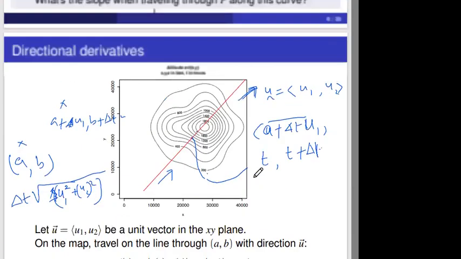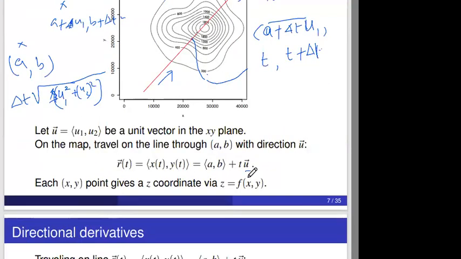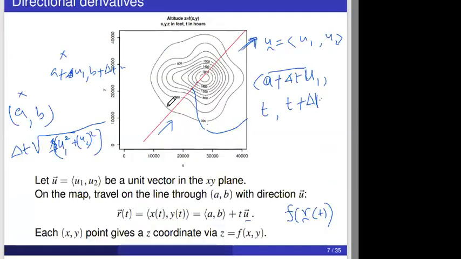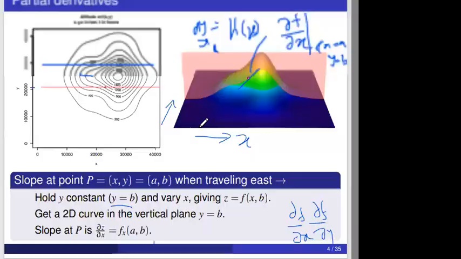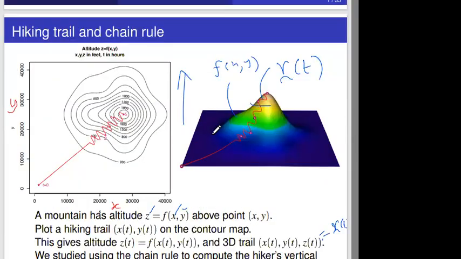f of r would be the three-dimensional trail. If he travels along the straight line, that means if you take the composition of f with that path, then you get this height.